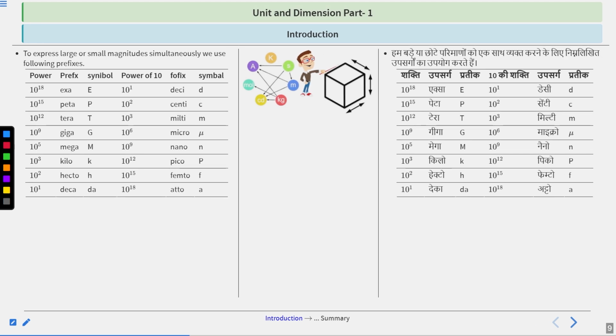To express large or small magnitudes, we use the following prefixes.